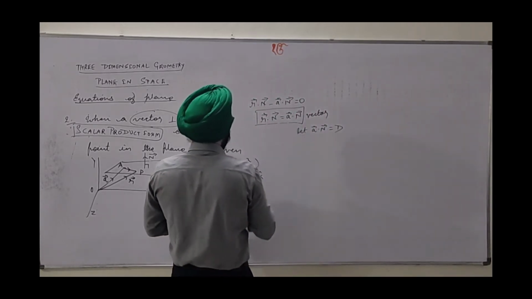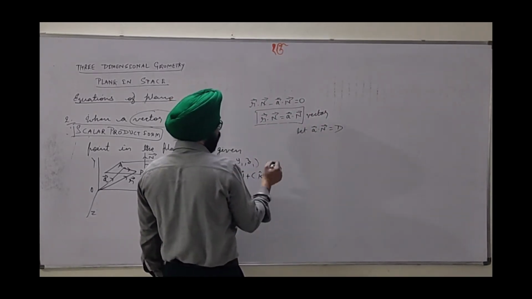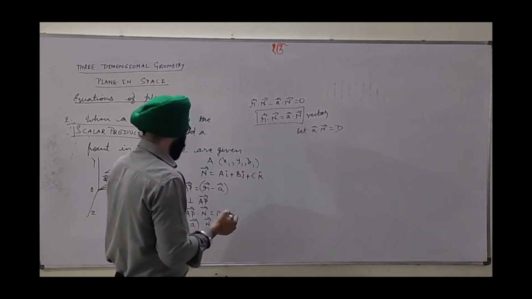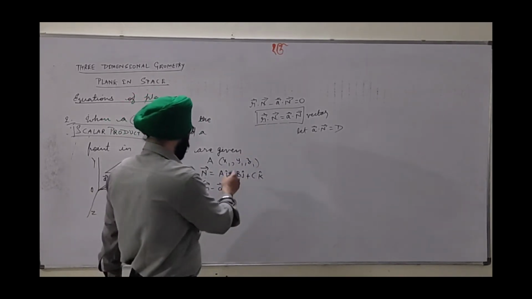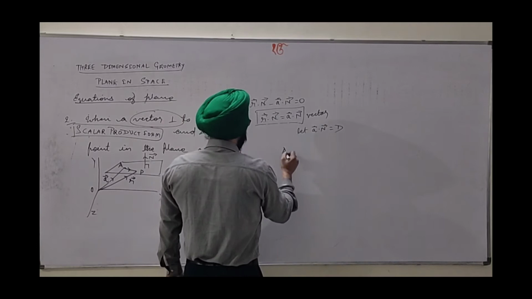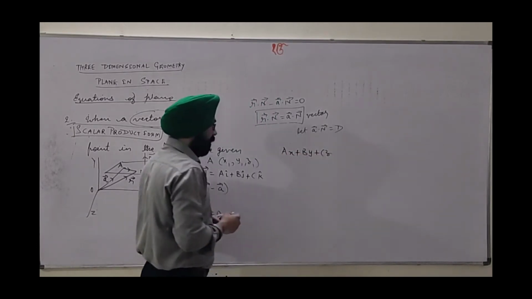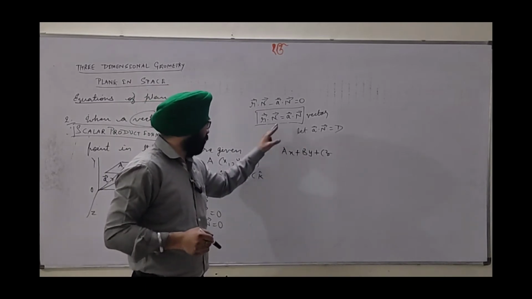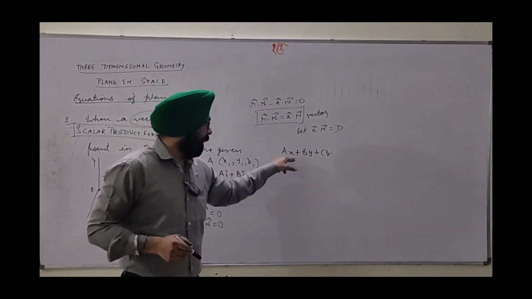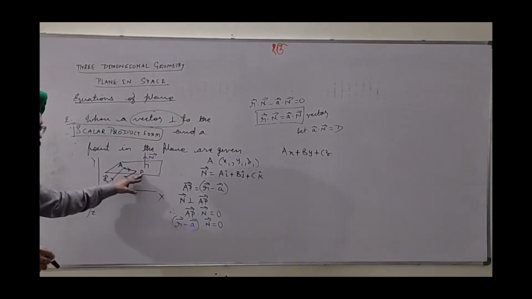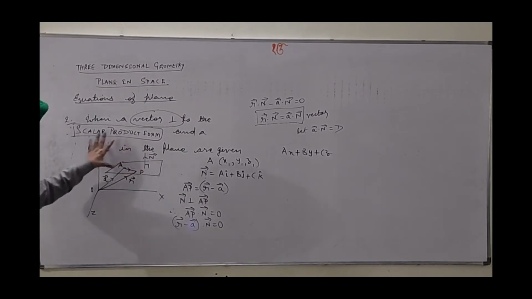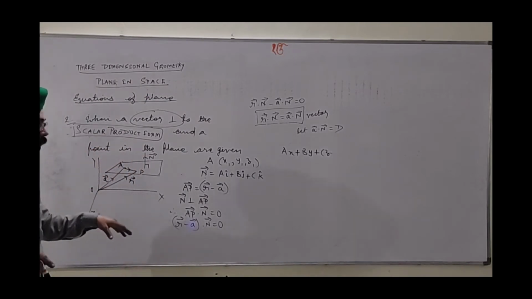Then this dot product of R and N can be written using XYZ, so this will become AX plus BY plus CZ. A, B, C we have obtained from this N vector. X, Y, Z are the coordinates of point P, an arbitrary point representing all the points in the plane.